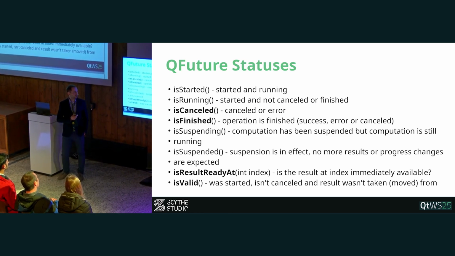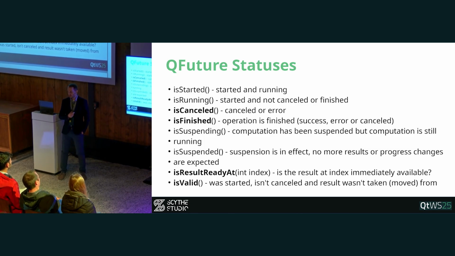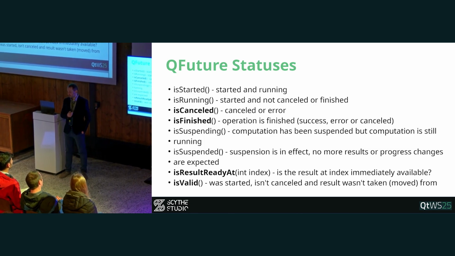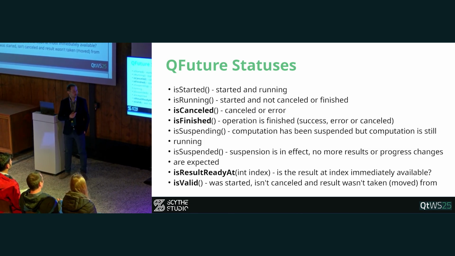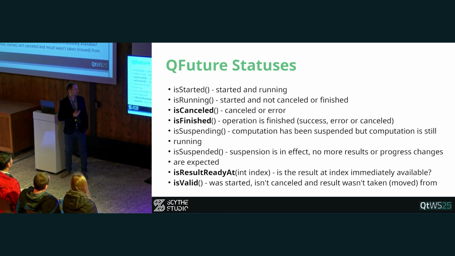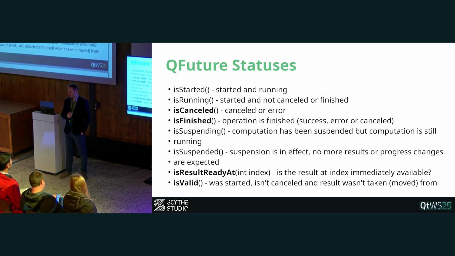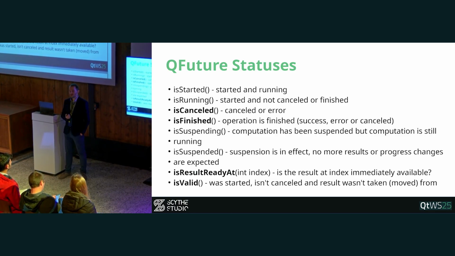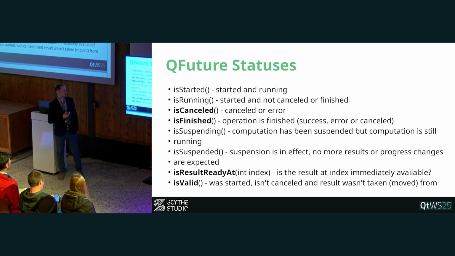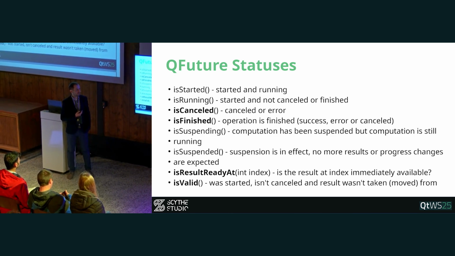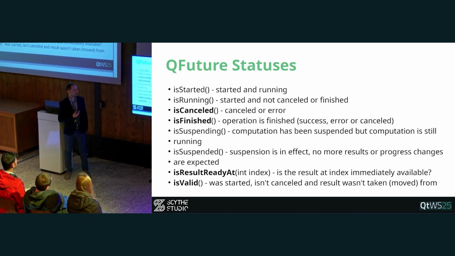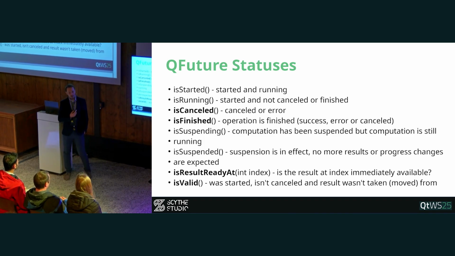QFuture has quite a lot of methods to query its status. I will just mention the most important ones, which I also highlighted here. I mentioned the isValid method already. Another important one is isResultReadyAt. It tells you if a result is already available. If it returns true, then you can call the result method, and you are guaranteed that it will not block.